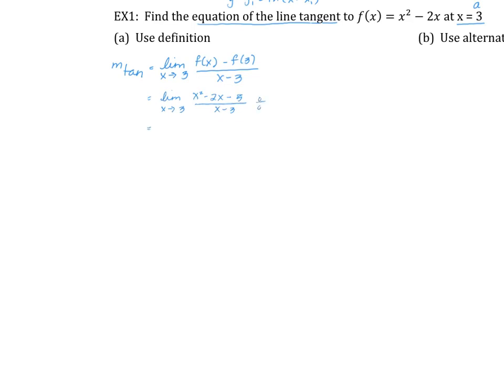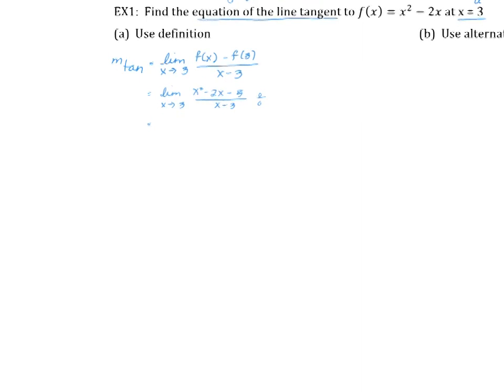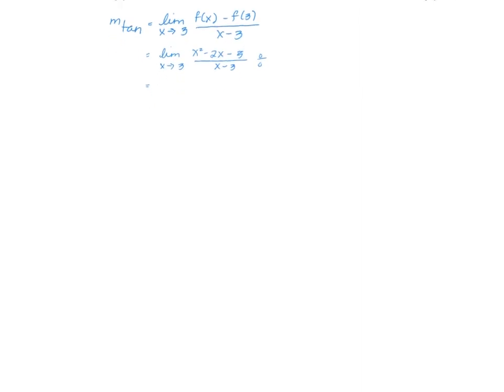And that tells me that I need to do something more. Looking in the numerator, I can see that that factors into x minus 3 times x plus 1. I left out my limit, so that would be the limit as x goes to 3 of x minus 3 times x plus 1 over x minus 3.